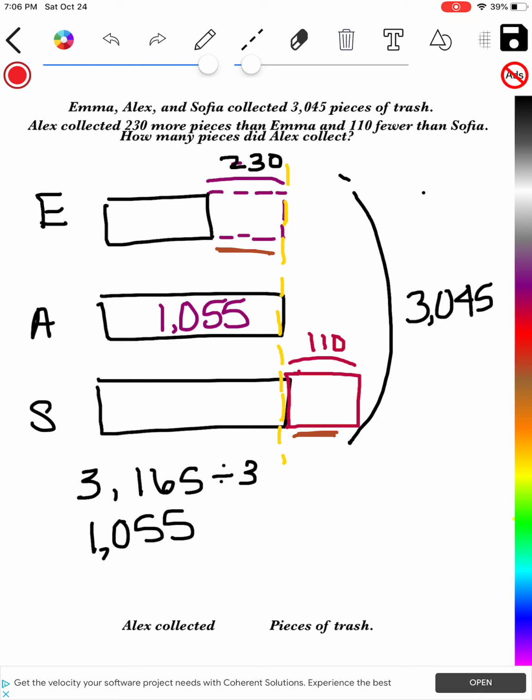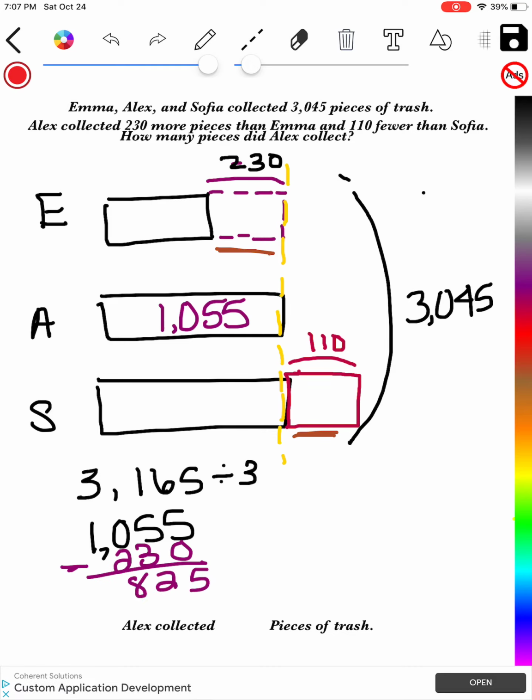If we were going to go back and actually plug in the amount that every single one of these children did collect, we can take that 1,055 and we can adjust it according to what the problem said. So instead of actually collecting that 1,055, Emma ended up getting 230 less than that. So if we subtract that 230, we have 825. That's exactly what Emma really did collect.